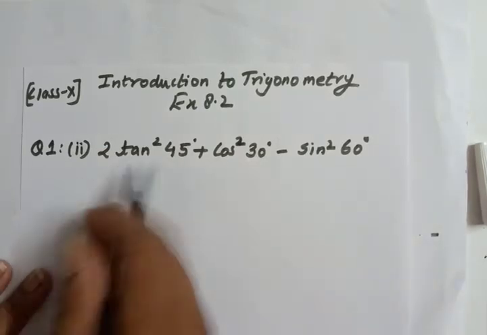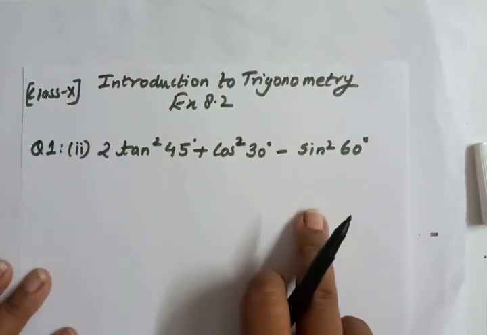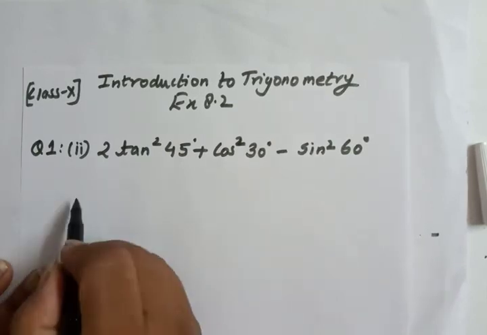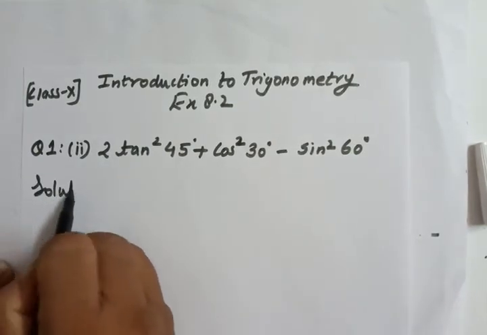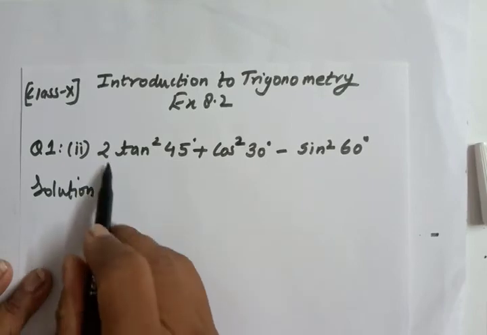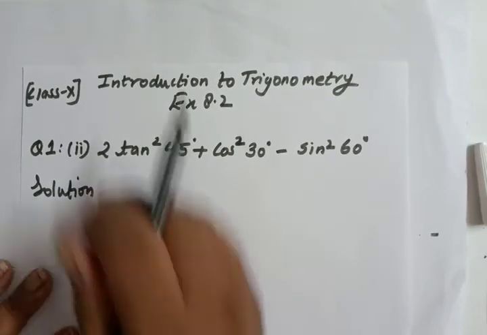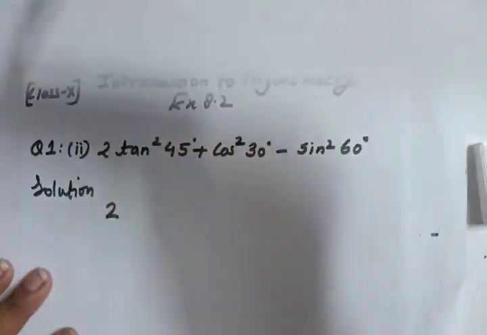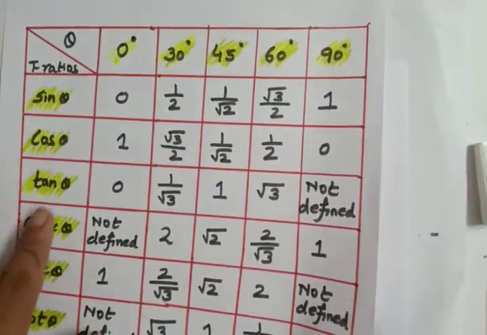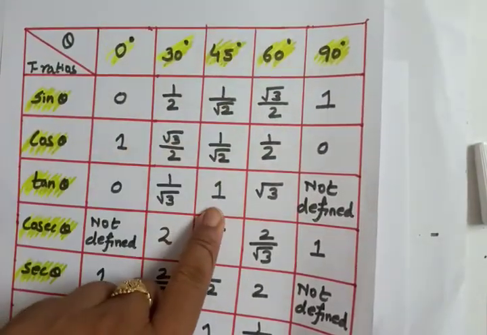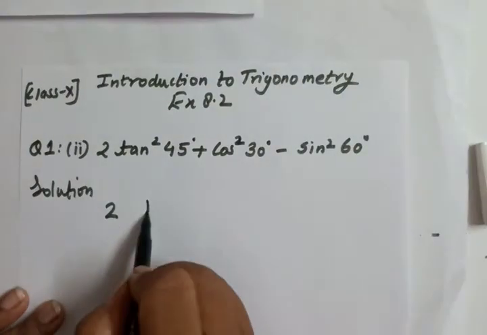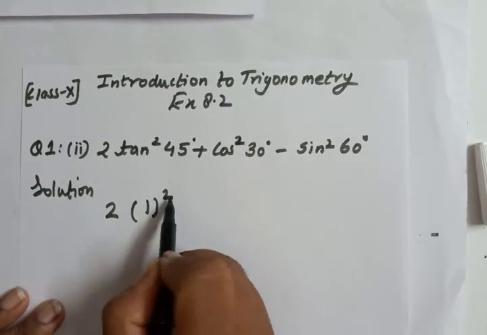What we have to do is simply put the values here. So the solution is 2. What is tan 45? You have to remember tan 45 is 1, and the square is there, 1 square.